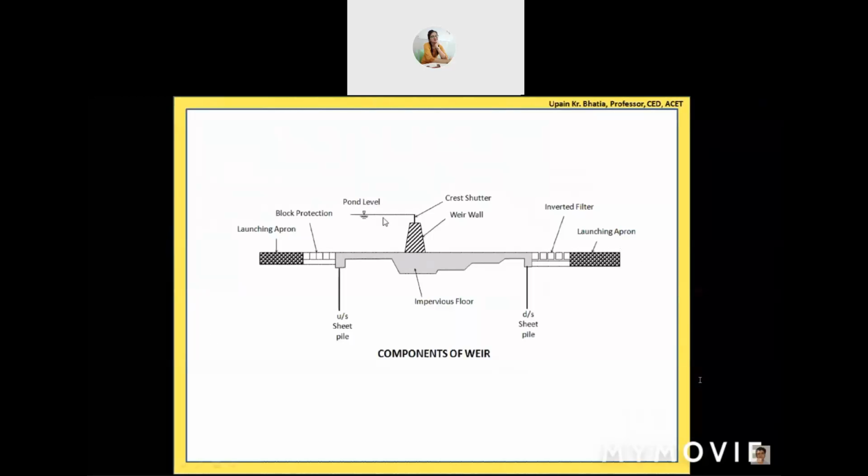Because there is a difference in the water levels on both sides, so there is a difference in the pressure heads. So after entering the pore structure, that means after the infiltration, the infiltrated water will have the tendency to move from this high pressure area to this low pressure area, that is zero pressure over here. High pressure to low pressure, this movement of water inside the soil's pore structure is called seepage.